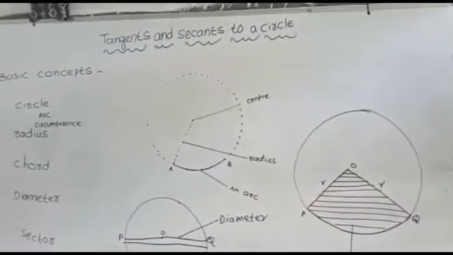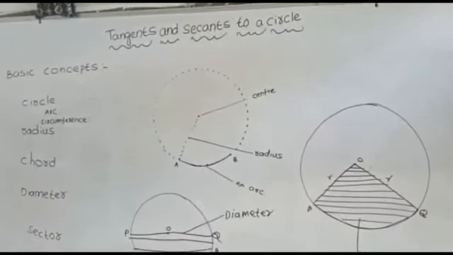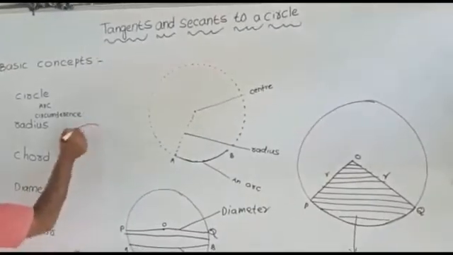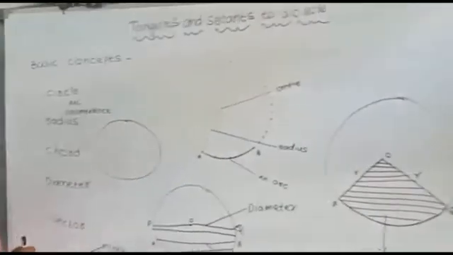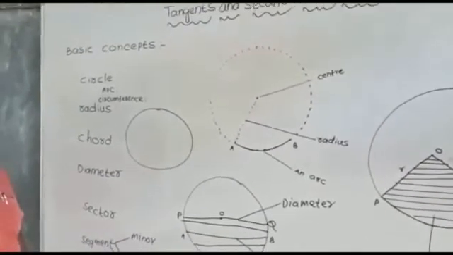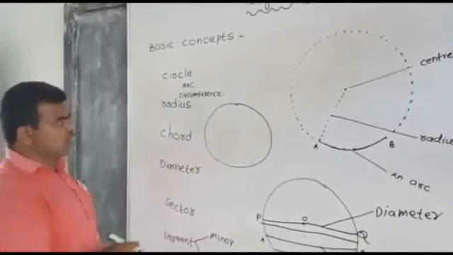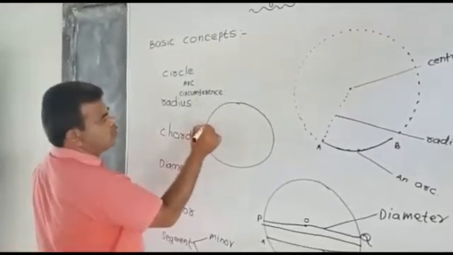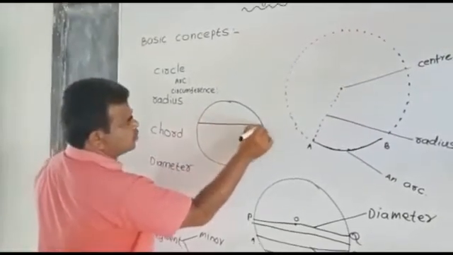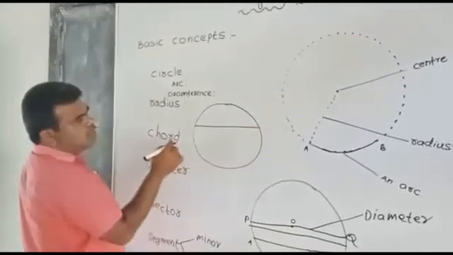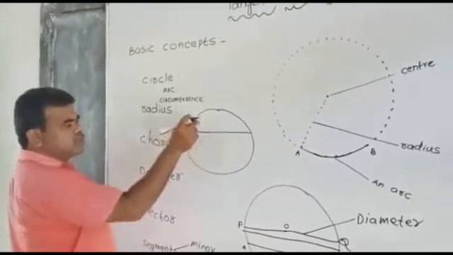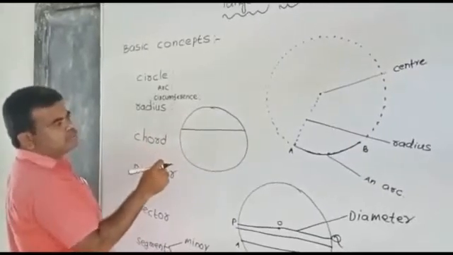Next, another one is segment. The region bounded by a circle and a line segment is known as a segment of the circle.